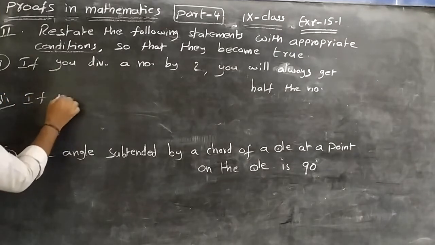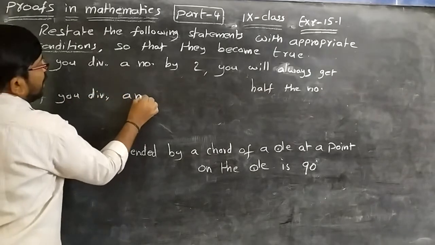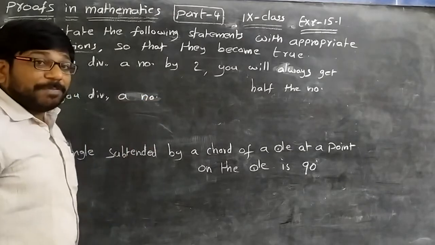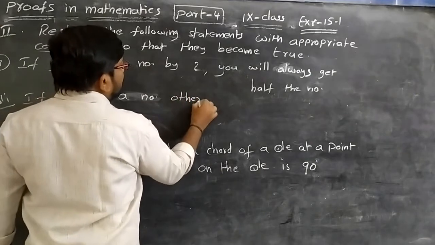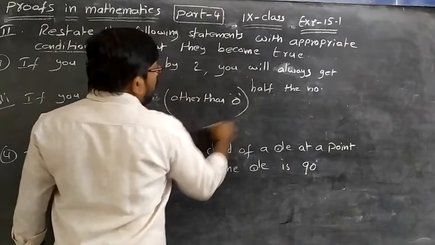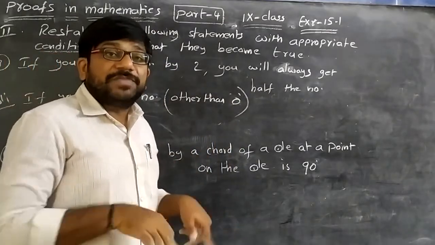If you divide a number by 2, except 0, other than 0, we always get half the number.